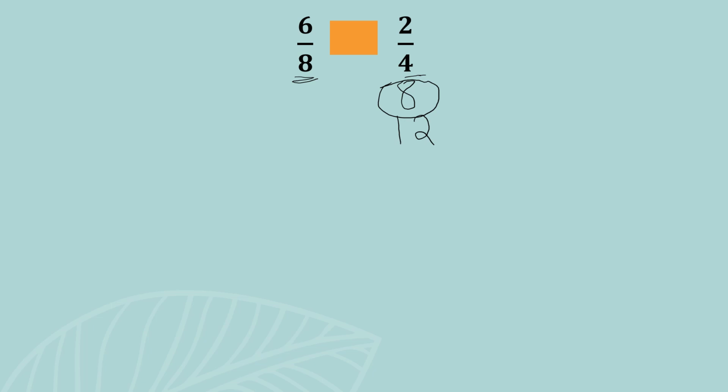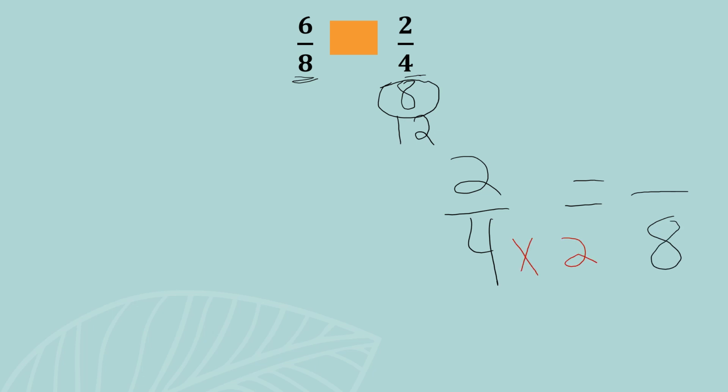So let's change 2/4 to have the denominator of 8. How do we do that? I can say 4 times 2. Whatever I do at the bottom, I need to do it at the top. And they have to be stacked on top of each other so that I see that I have a whole fraction.